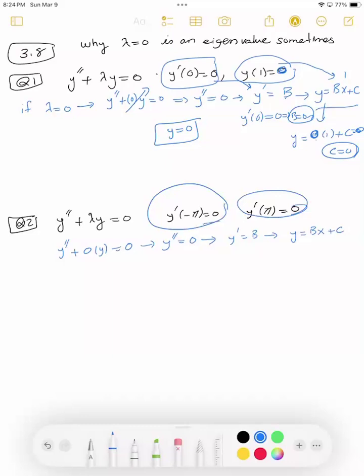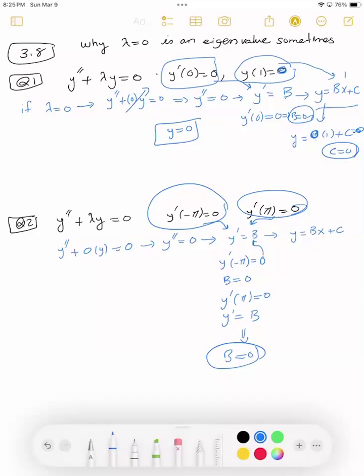I have y prime of negative pi equal to 0, so that means b must be 0. I also have y prime of pi equal to 0, which again implies that b must be 0.